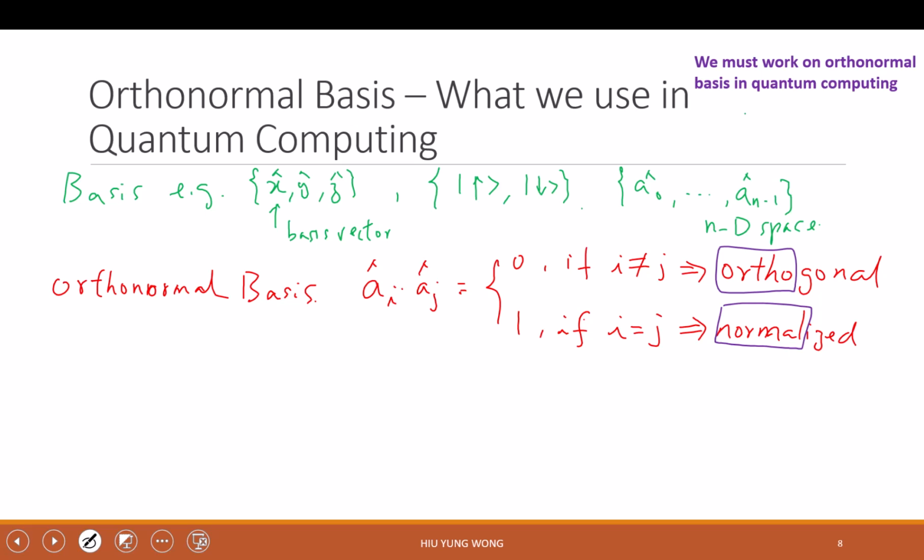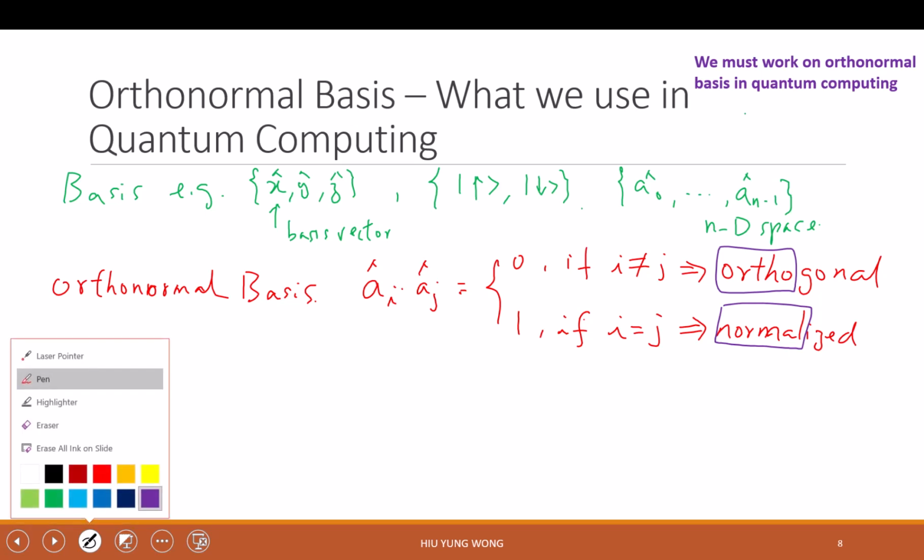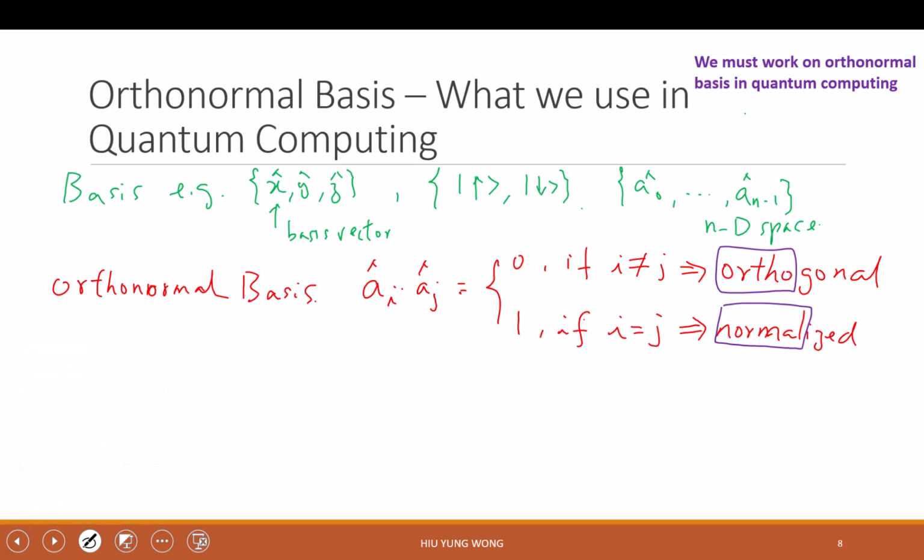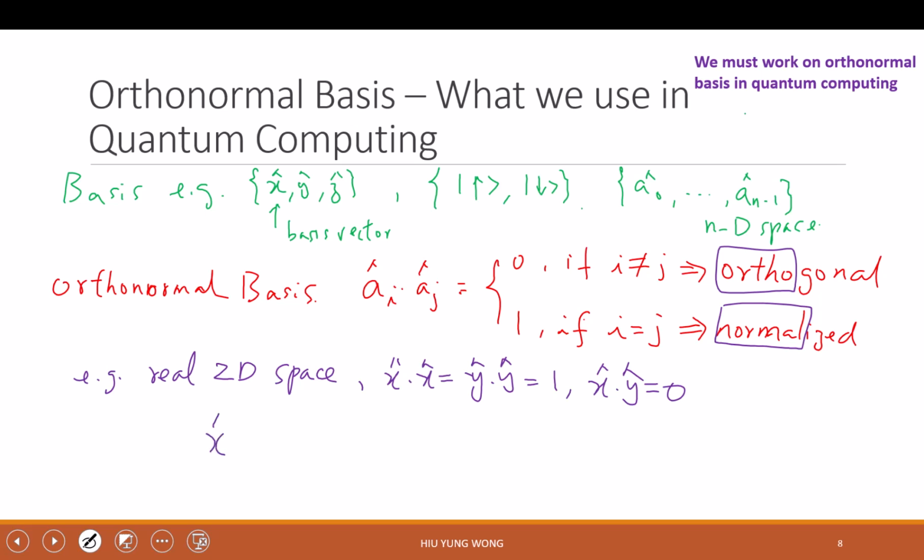Let's make an example, which you already know, but let's still do a simple one. For example, in a real 2D space, x hat dot x hat equals y hat dot y hat equals 1, and x hat dot y hat equals 0. Now, can you tell me, if I want to represent it in column form, how do I write x hat?